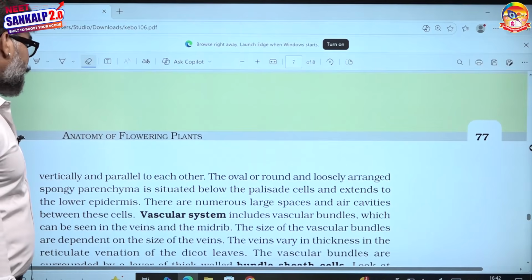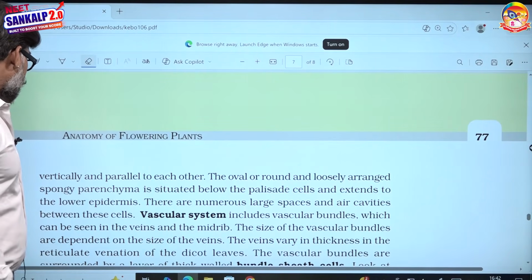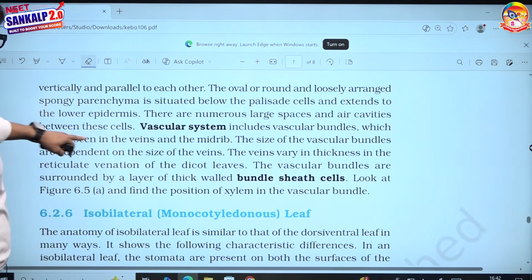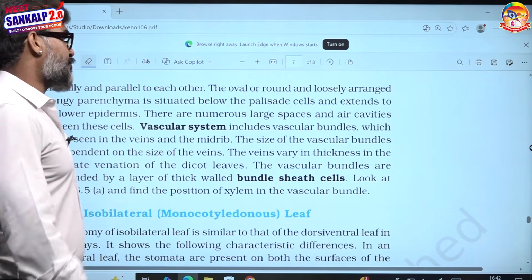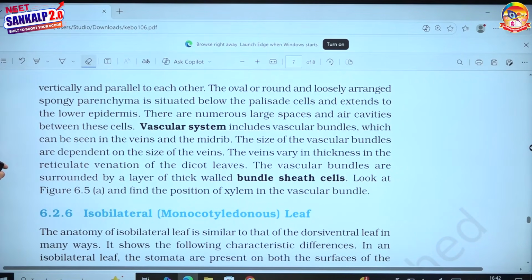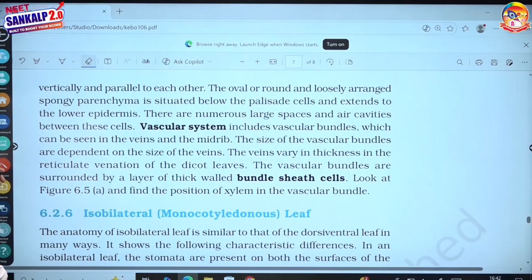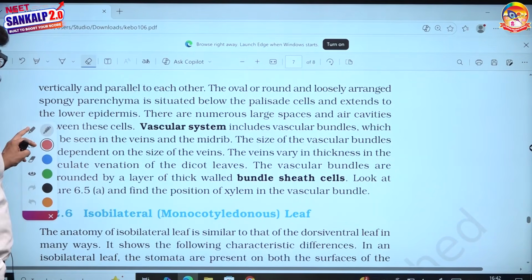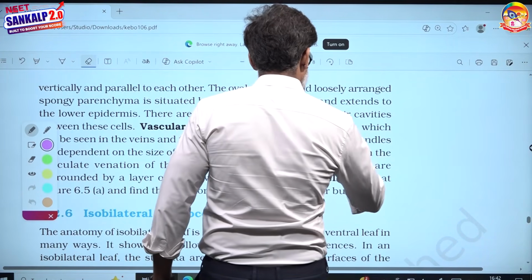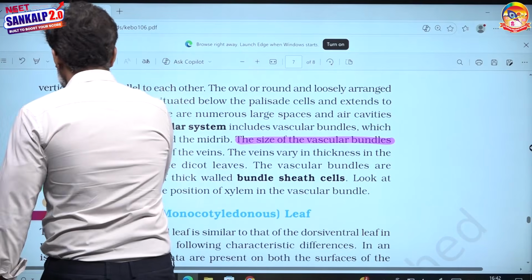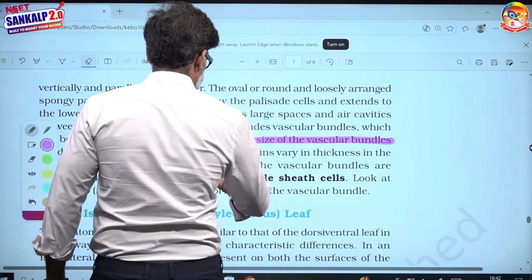Vascular tissue system includes vascular bundles which can be seen in the veins and the midrib. The size of vascular bundles is dependent on the size of veins. This is an important point again: the size of vascular bundles depends on the size of veins.